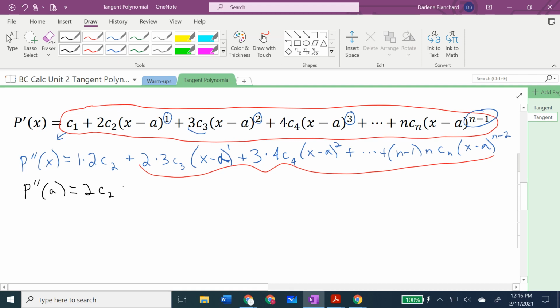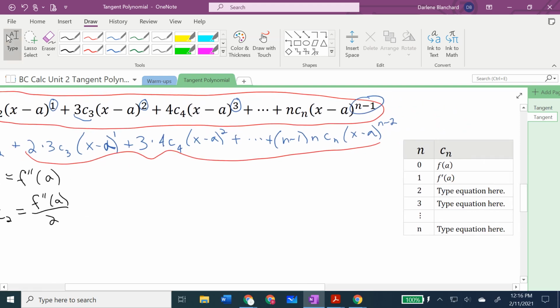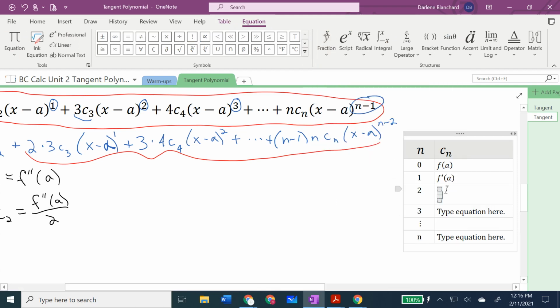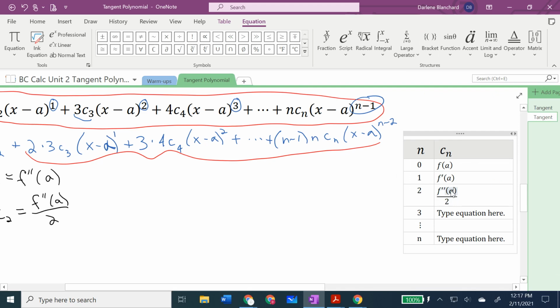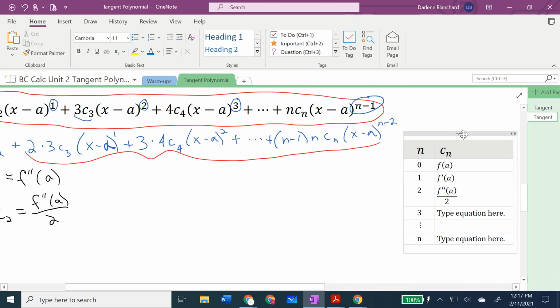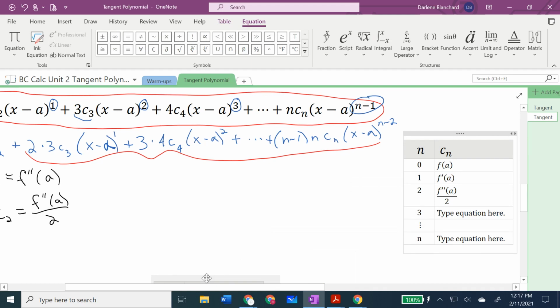The second derivative of my polynomial at A must equal the second derivative of my function at A. So that means that my c sub 2 is the second derivative at A divided by 2. I'm going to bring that into this formula. And now I'm going to move this onward to my typed version.